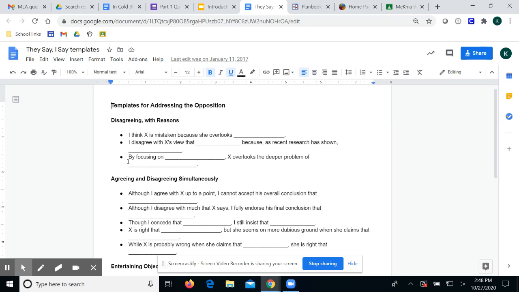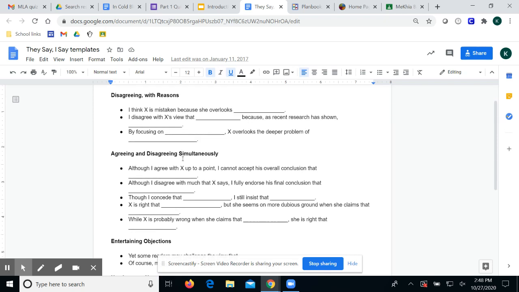By focusing on blank, X overlooks the deeper problem of blank. So you could really do the Brian Stevenson here. You could say, by focusing on whether or not people deserve to die for their crimes, we are overlooking whether or not we have the right to kill people for their crimes, right? You see how you could kind of plug that right into that template.